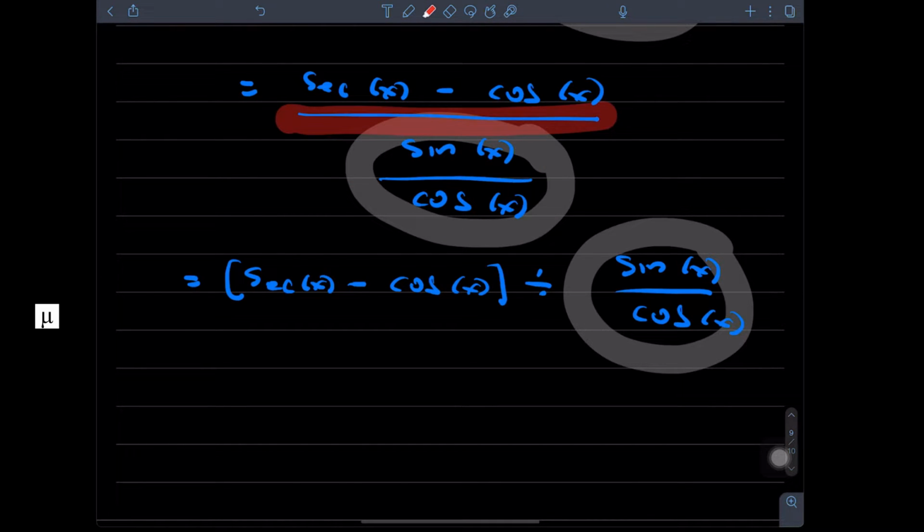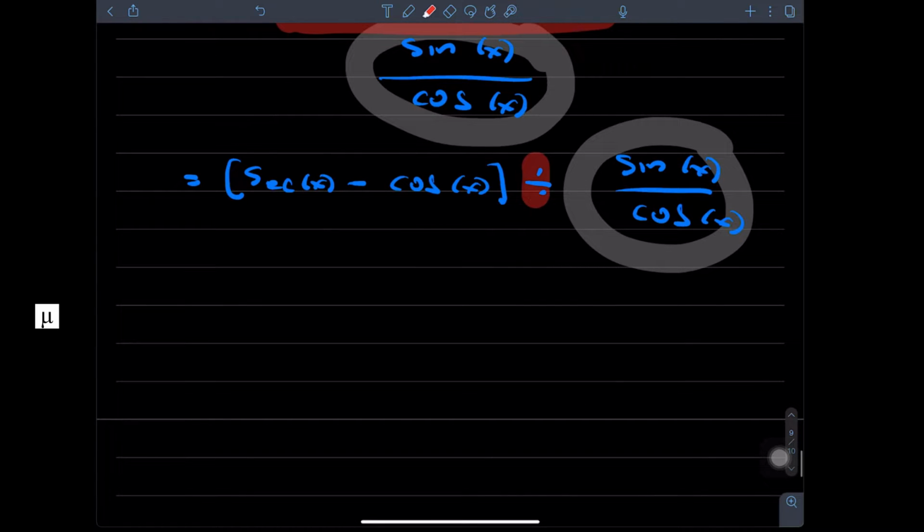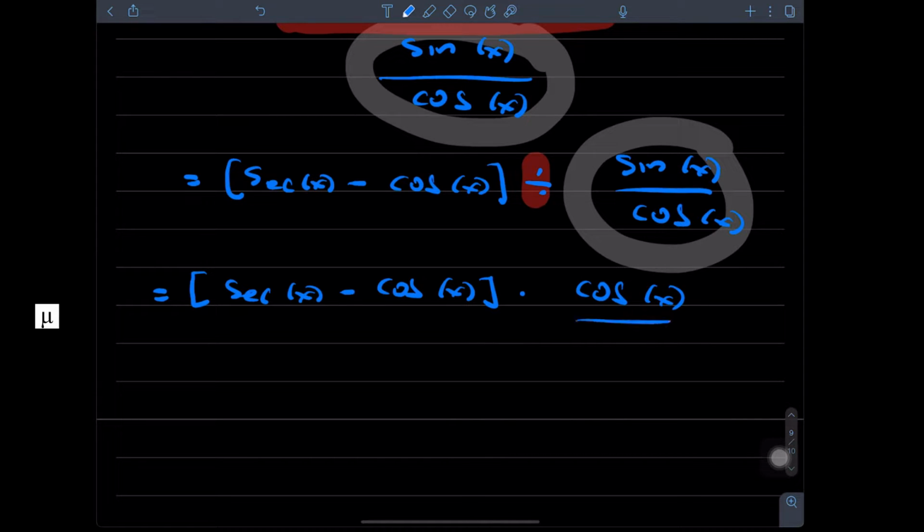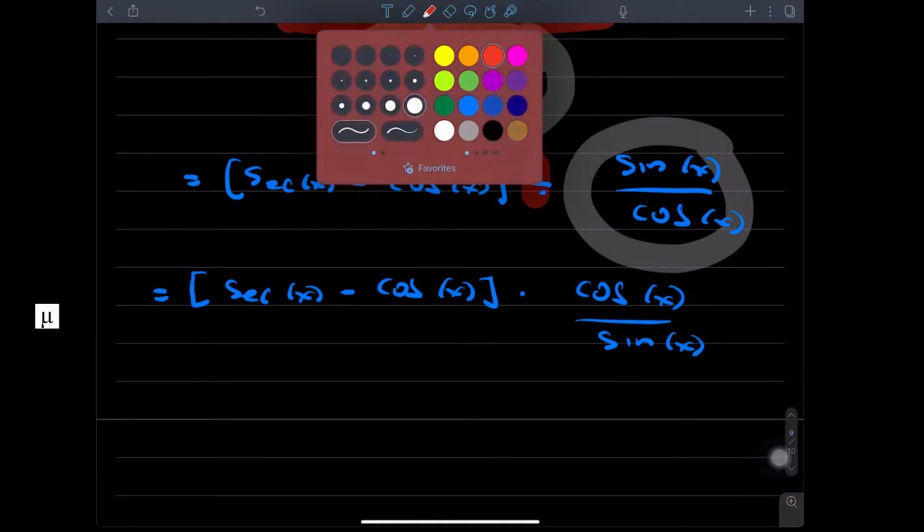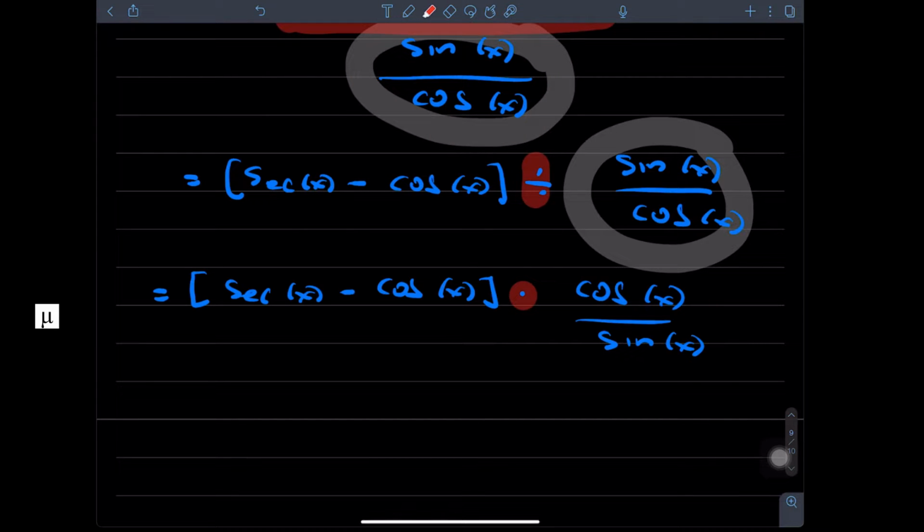Because this is division. This is division. So what does that mean then? This is what? Secant minus cosine times what? Cosine over sine. Okay, because by essence of what it means to divide by a fraction.